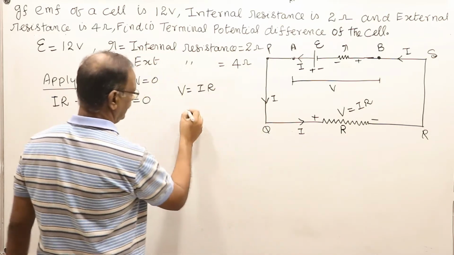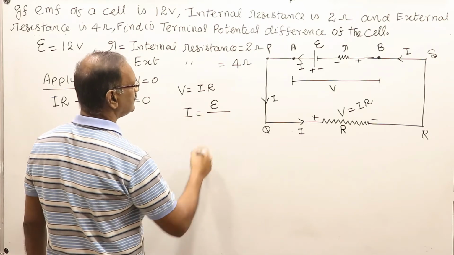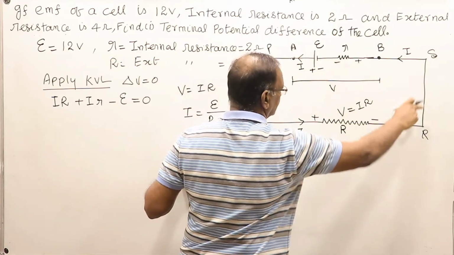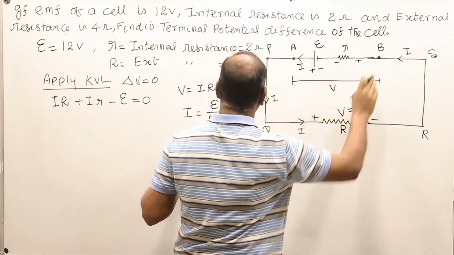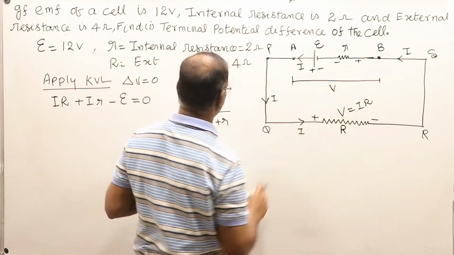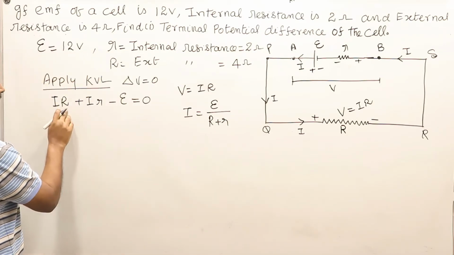First let us find out I. I is equal to total EMF divided by total resistance. Resistance is R plus r, because R and r are in series, so this is the total resistance. So I is equal to E by R plus r.